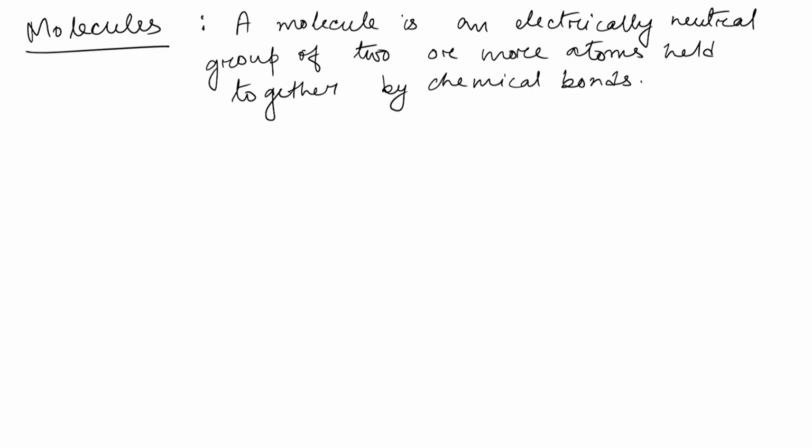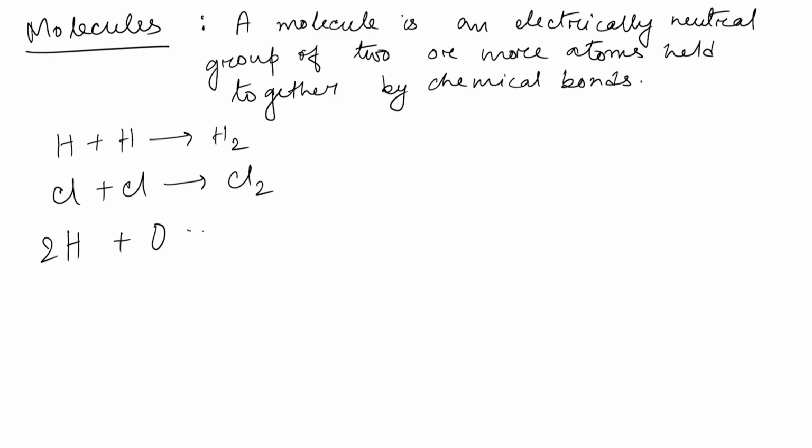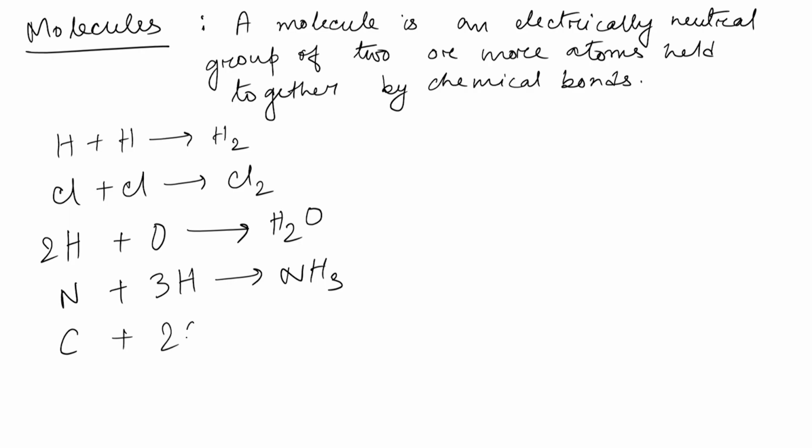For example, 2 atoms of hydrogen form H2, 2 atoms of chlorine form Cl2, 2 atoms of hydrogen and 1 atom of oxygen form H2O, 1 atom of nitrogen and 3 atoms of hydrogen form NH3, and 1 atom of carbon and 2 atoms of oxygen form CO2.